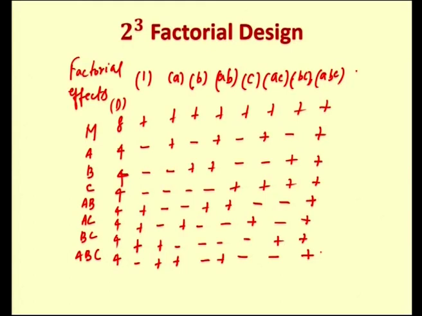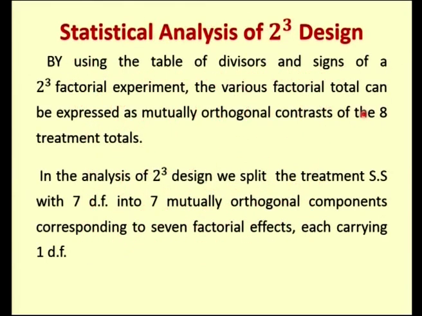With this table we can find the means of various treatment combinations, and using the table of divisors and signs of the 2 power 3 factorial experiment, the various factorial totals can be expressed as mutually orthogonal contrasts of the 8 treatment totals.